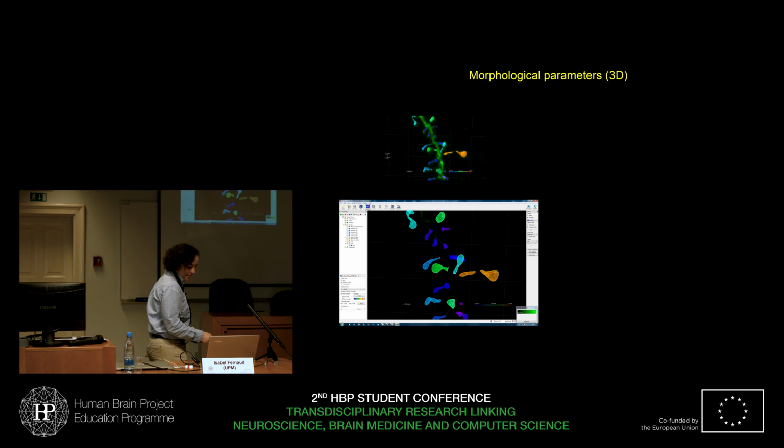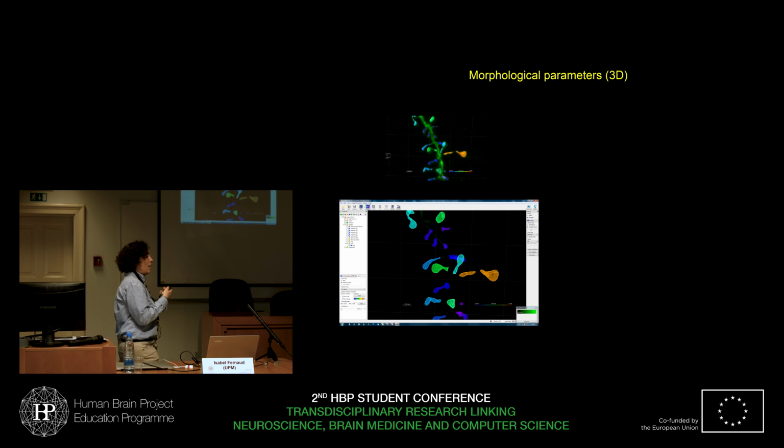So, we have this program that allows you to calculate volumes and shapes and areas of the spine. It has different modules. One of them calculates measures based on threshold intensity, and it's semi-automatic. You can establish the threshold you want to use, and it creates the surface around the pixels at this intensity threshold, and it reflects perfectly the shape of the spine.